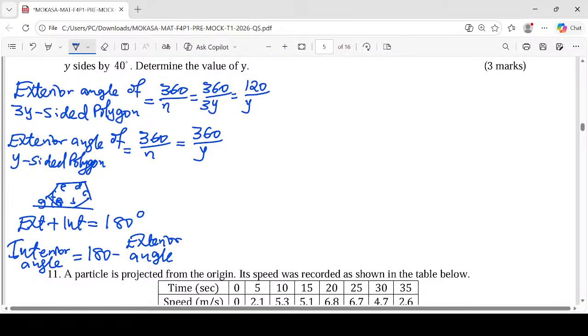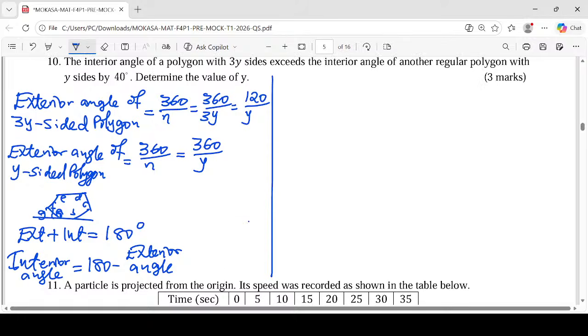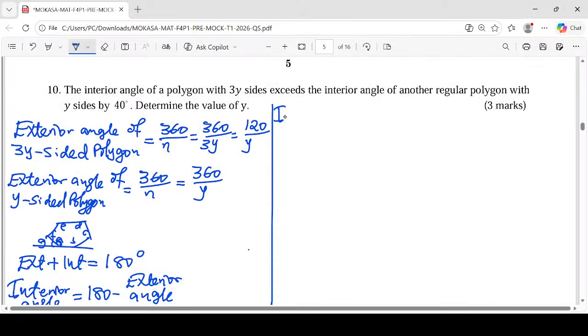And if we concur up to that particular point, then let's get the size of one interior angle of the polygon. So, interior angle of the 3y-sided polygon will be given by 180 minus its exterior angle, which is 120 over y.